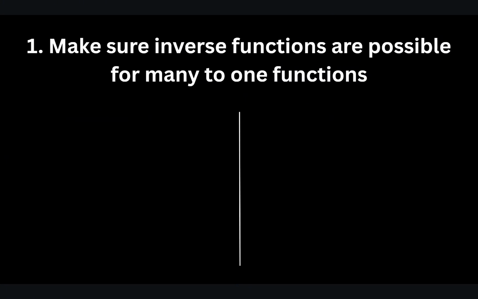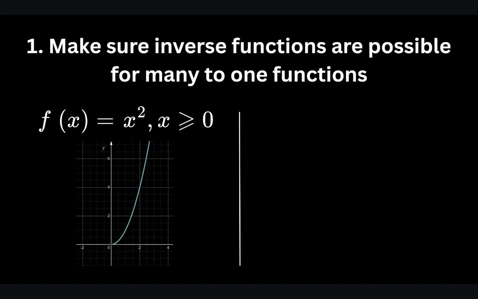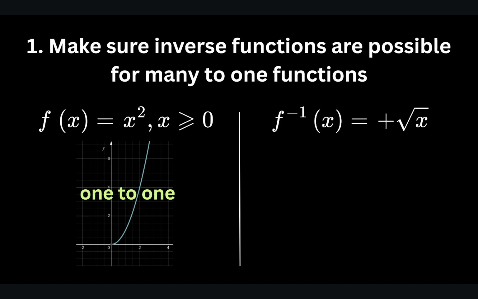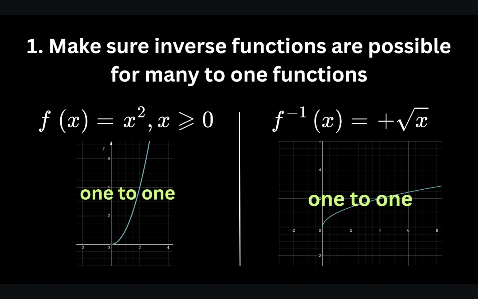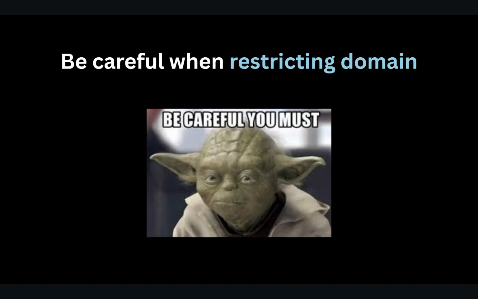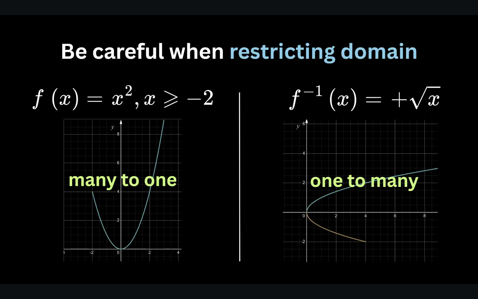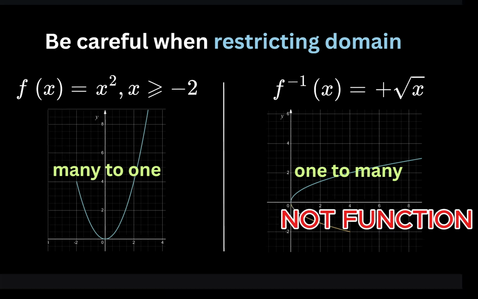For example, if I restrict the domain for this function to x more than 0, we're only taking this part, which is a one-to-one function, which allows it to have an inverse, which is also a one-to-one function. However, you need to be careful when restricting the domain, because if you restrict the domain incorrectly, it will remain as a many-to-one function, and it will not have an inverse function.